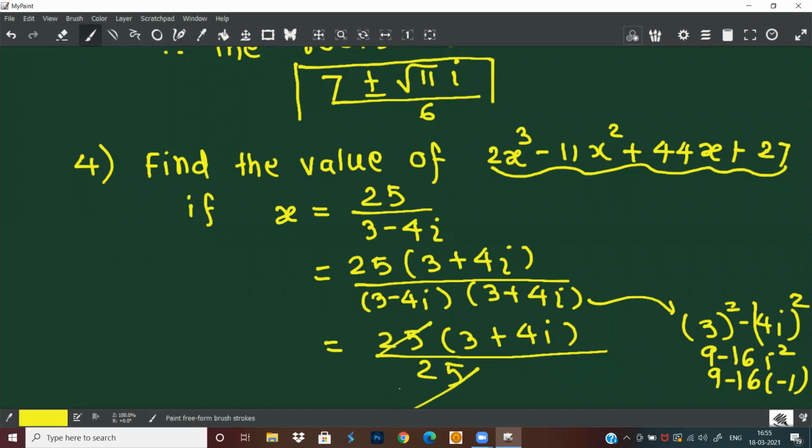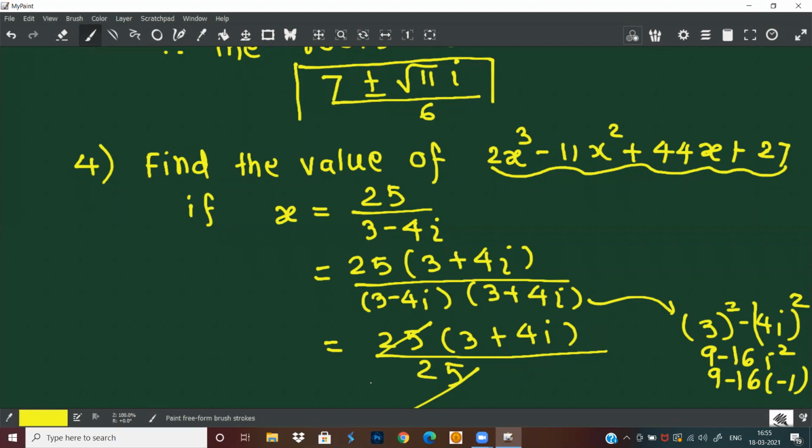How will you simplify, beta? It is a convention that we do not keep an irrational number. We do not keep an imaginary number in the denominator. That's a convention. We always convert, for simplicity.